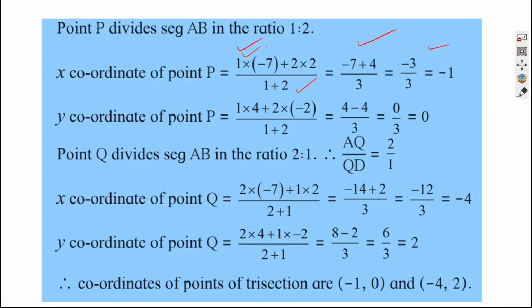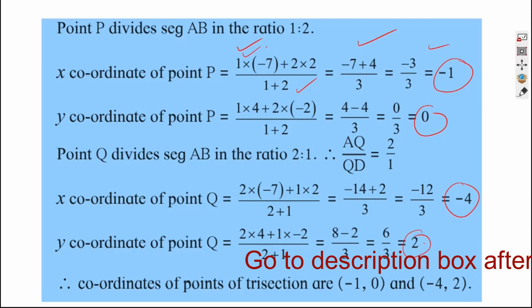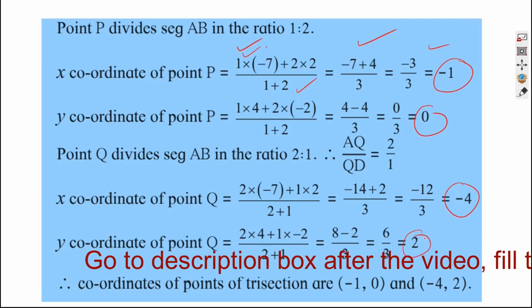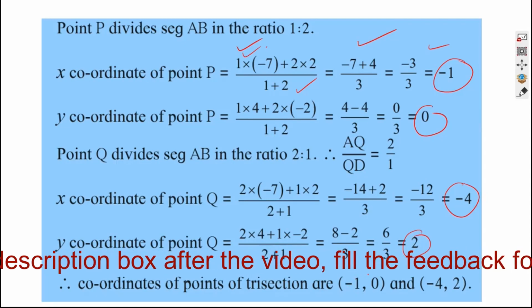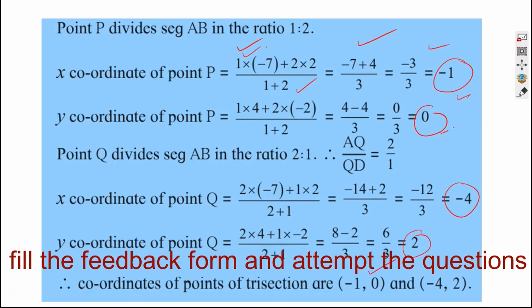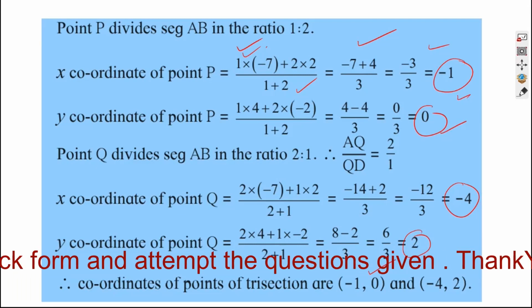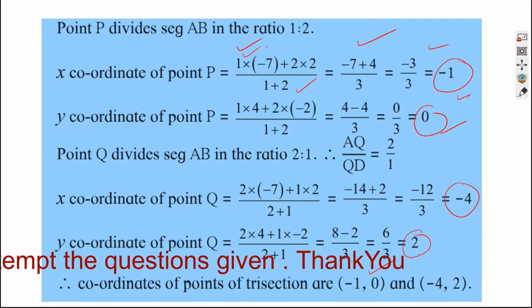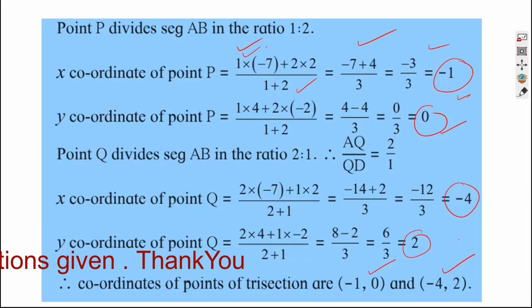We get the x coordinate of P, then the y coordinate of P. In the same way point Q divides in the ratio 2:1, so we get the x coordinate of Q and the y coordinate of Q. Having got all these, the coordinates of one trisection point we can write as 0, -1 for P, and that of Q as -4 and 2. So even trisection or more than that we can find.